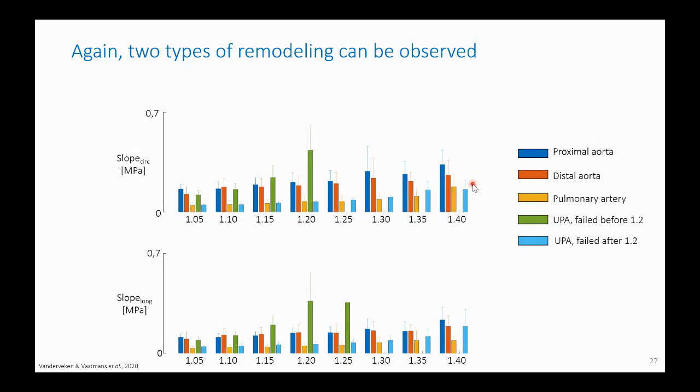What I'm still very disappointed about is that we were not able to match the location of our mechanical samples to the histological samples. So we can't confirm one-on-one, although we have a hypothesis, of course, which type of remodeling belongs to which histological image. And the reason for that is that we simply had not anticipated, before we started the animal experiment, that there would be so much inhomogeneity within a single blood vessel.